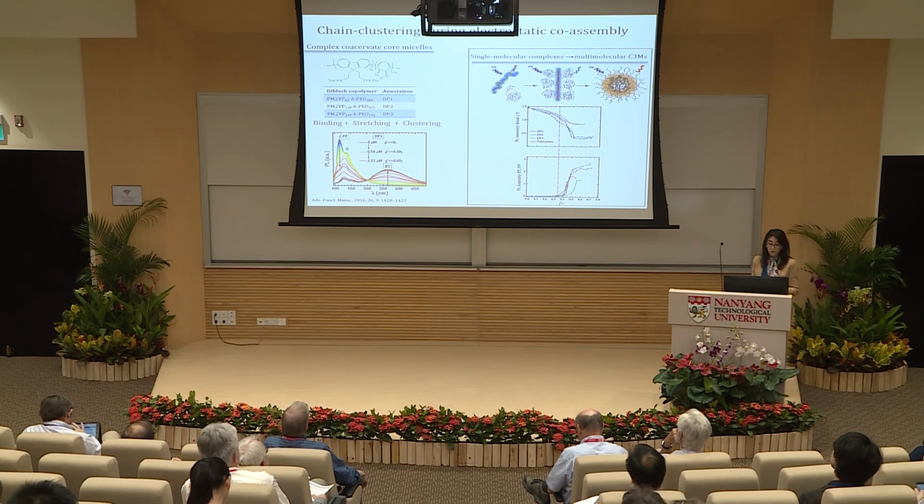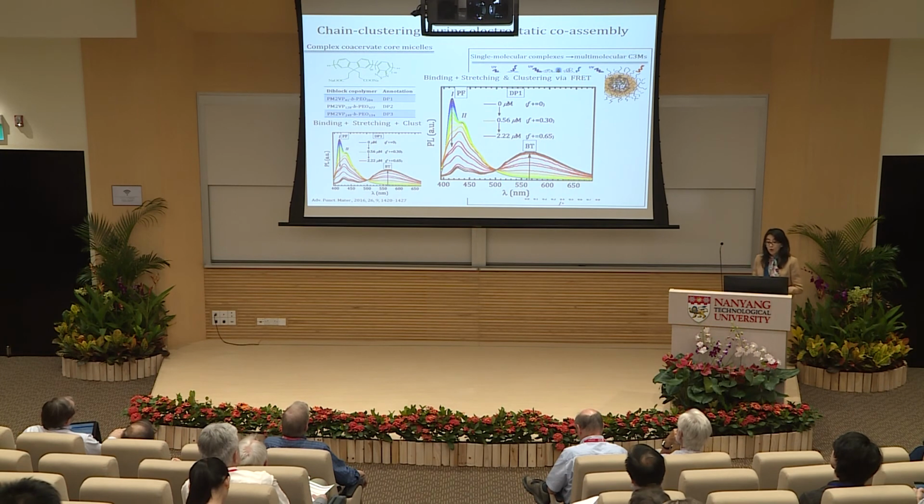We varied the block lengths, but here I'm showing you just one example. What we see here very quickly is that from the quenching of the fluorescence signal, we confirm the binding. From the changes of the vibronic bands, we confirm the stretching. And from the energy transfer, we confirm the clustering.